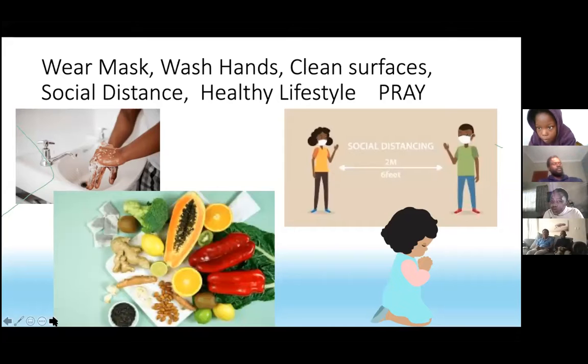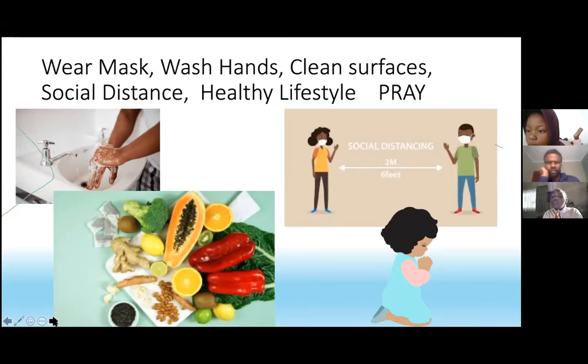Because if we don't play, and you're always indoors watching TV, you're not going out to play in the yard, you're not running around, that means you're going to be a couch potato and your body won't get enough oxygen for you to work, right? But lastly and importantly, we're going to pray for our moms and dads, and we're going to ask God to heal us when we get sick.